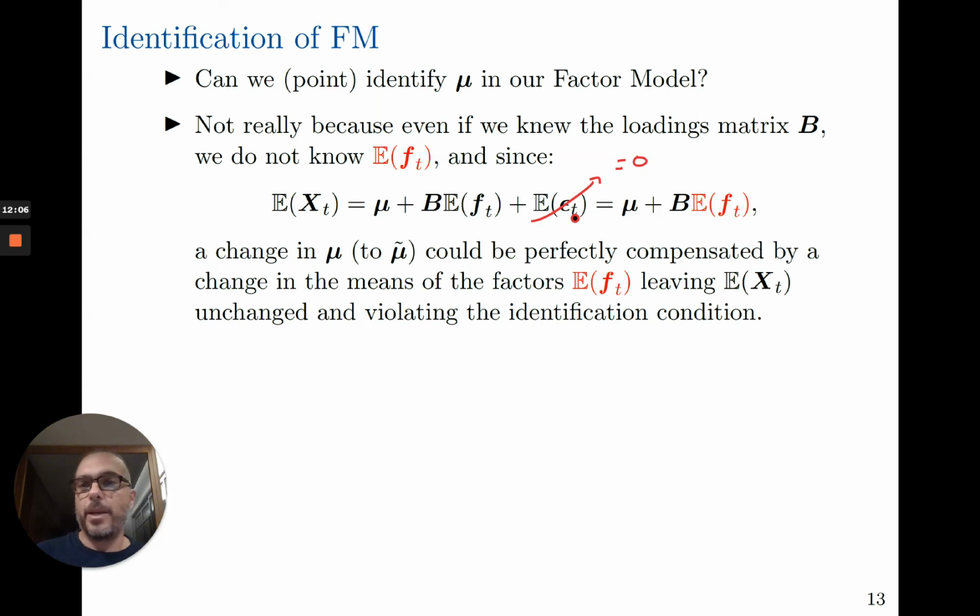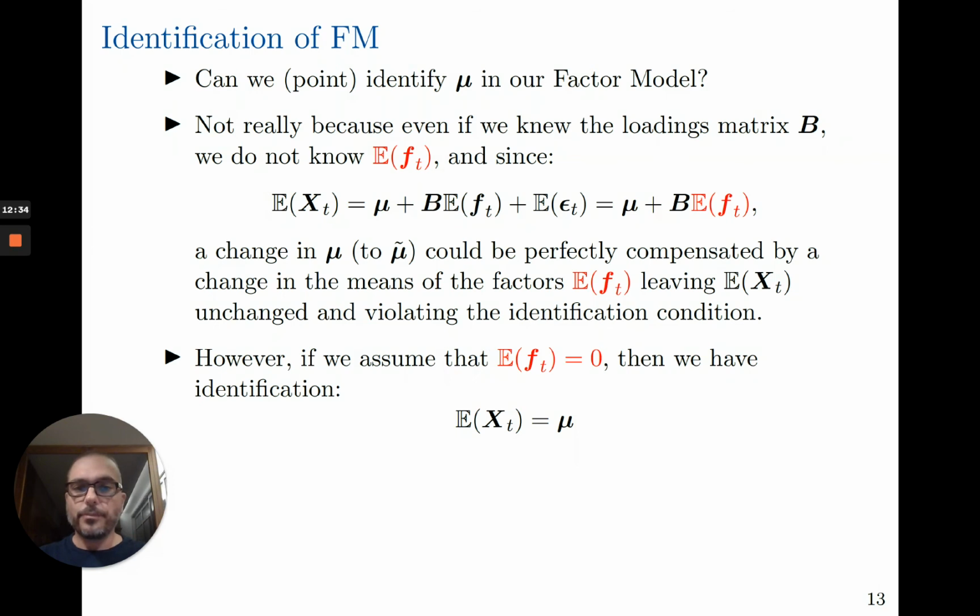So we have the expectation of x is mu plus B expectation of f. So if we change mu to mu tilde, the mean of x could be unchanged, because this change can be compensated by a change on the expected value of f. So we have to impose restrictions in order to make sure we can identify mu.